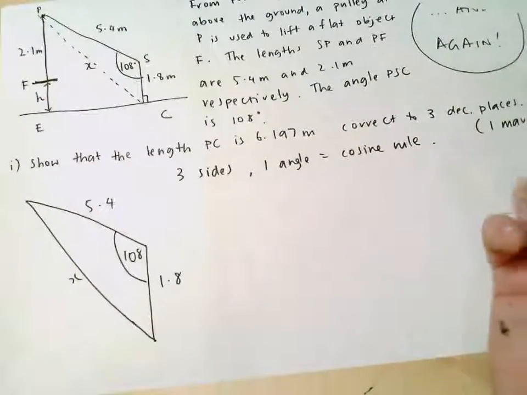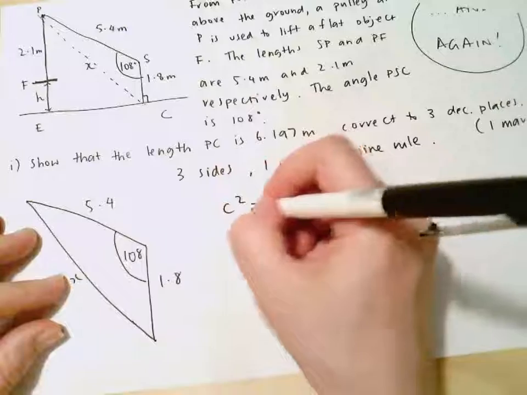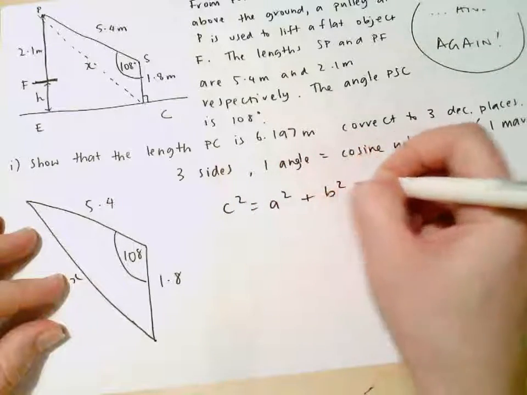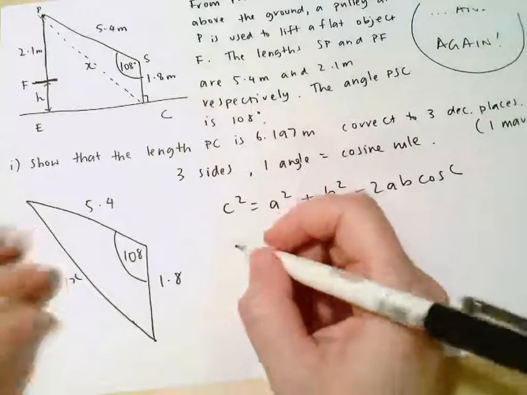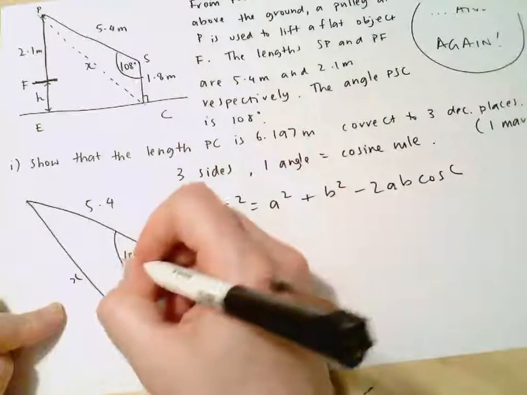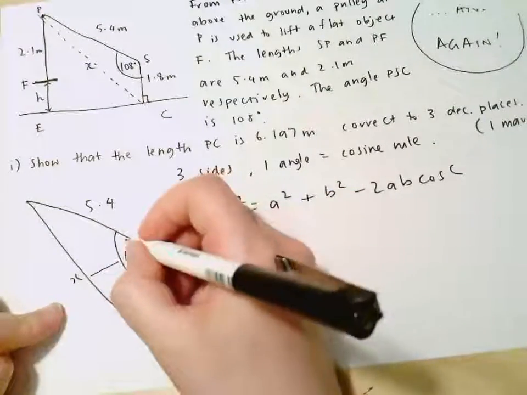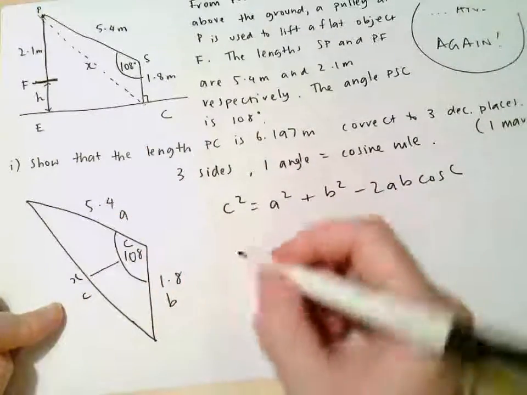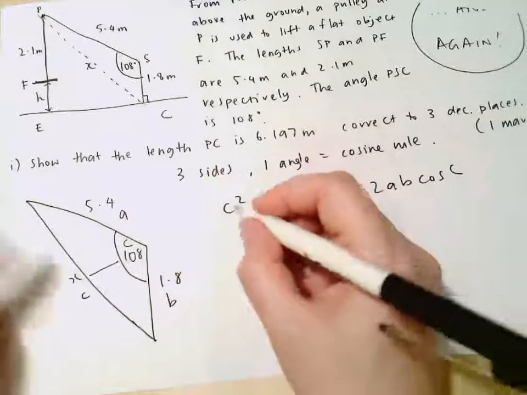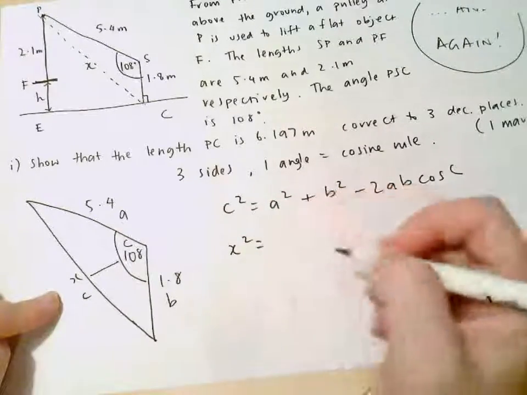Okay, so we're working out a side, so we write out the rule in this form. And we substitute in what we know. So these are the pairs that are opposite. So this is going to be my C and this will be my C. A and B do not matter. So C squared, that's my unknown side, so I'm going to write x squared.